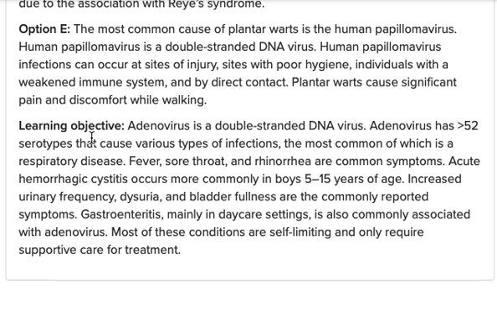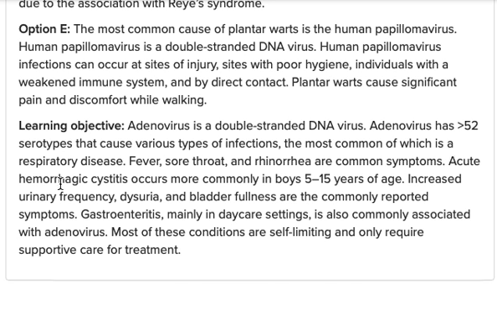Learning objective. Adenovirus is a double-stranded DNA virus. Adenovirus has more than 52 serotypes that cause various types of infection, the most common of which is respiratory disease. Fever, sore throat, and rhinorrhea are common symptoms.